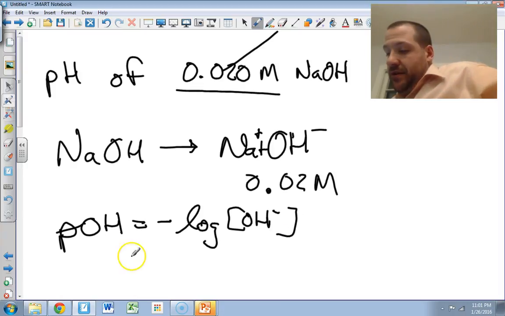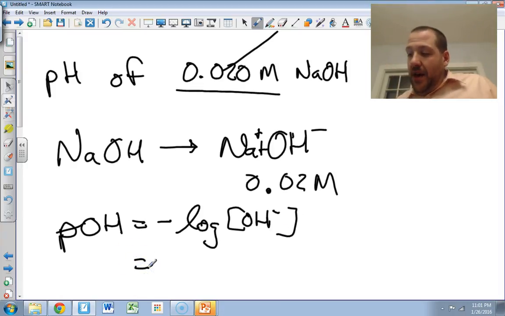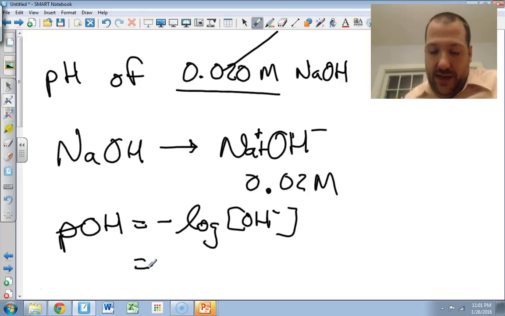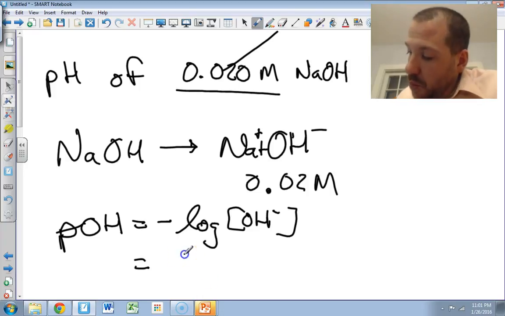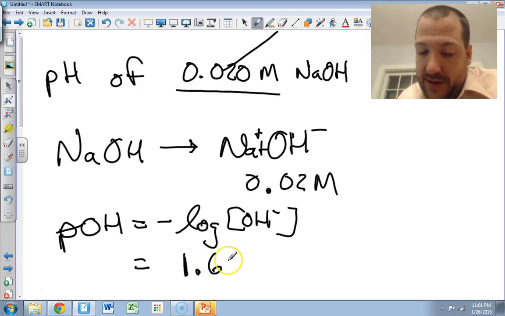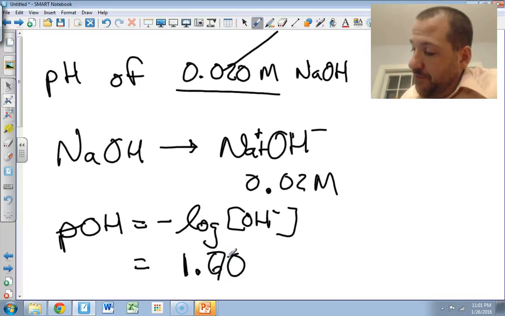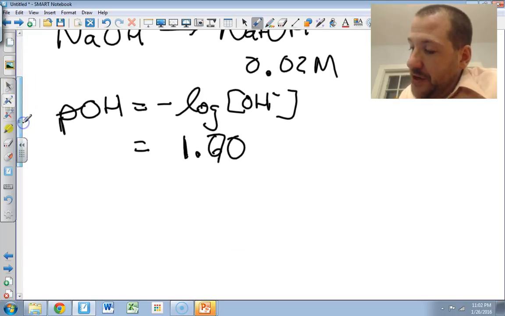So the pOH is the negative log of 0.02, which is 1.70.